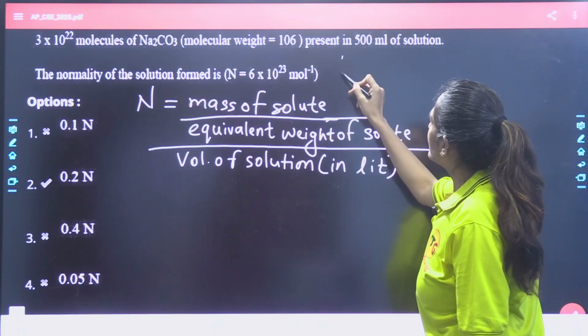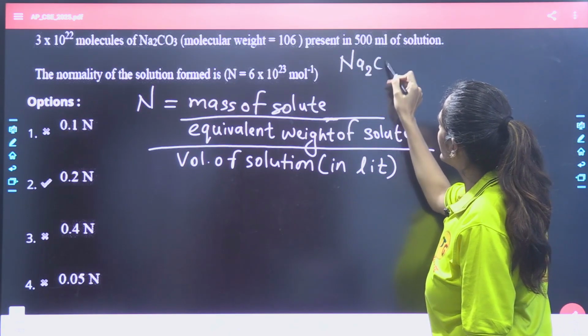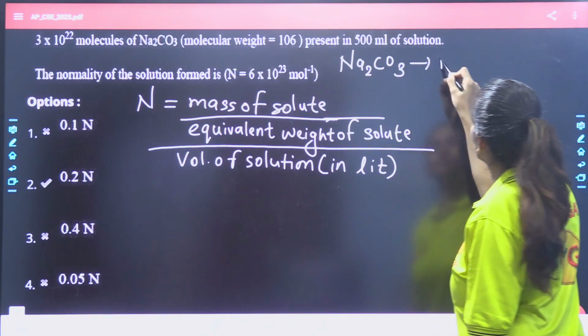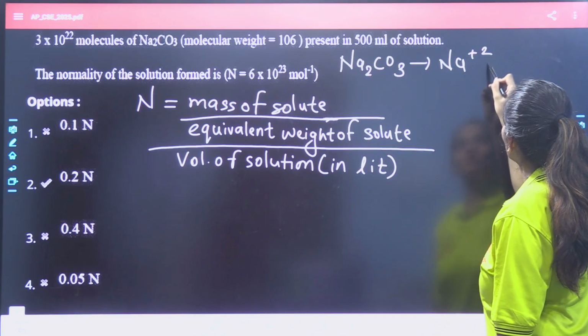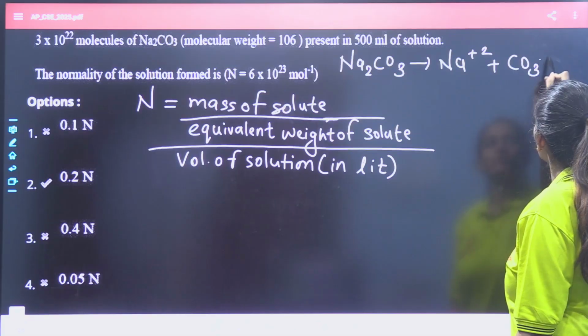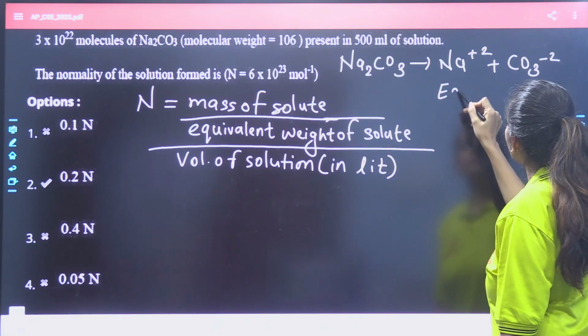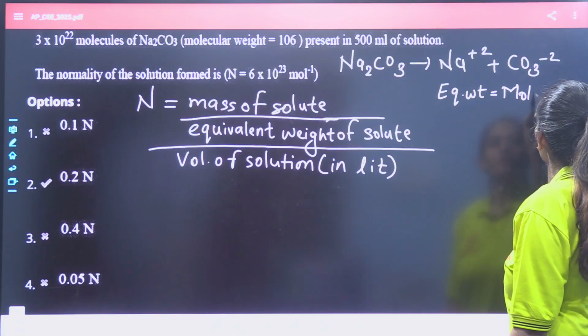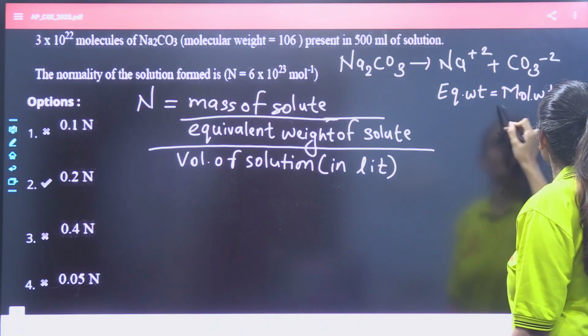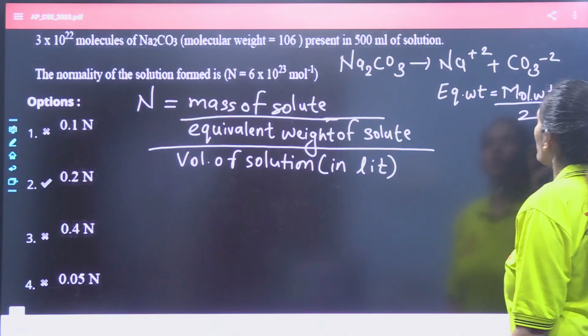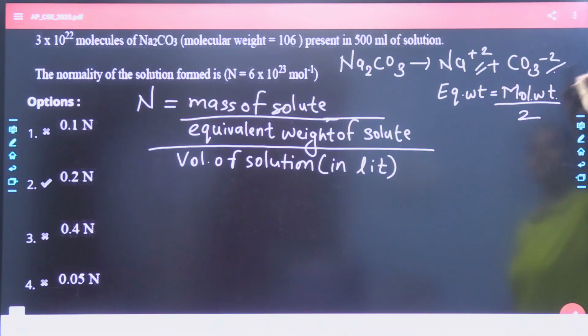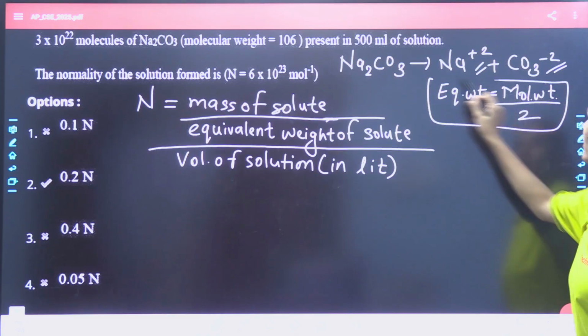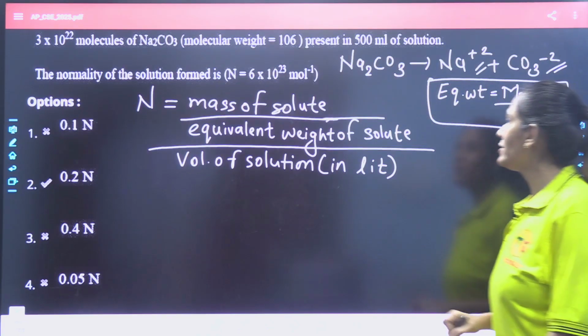Now one more thing: this is sodium carbonate, Na2CO3. It would dissociate into 2Na plus and CO3 minus 2. So when we write its equivalent weight, it would be molecular weight divided by 2, because here we use valency, and the valency is 2.